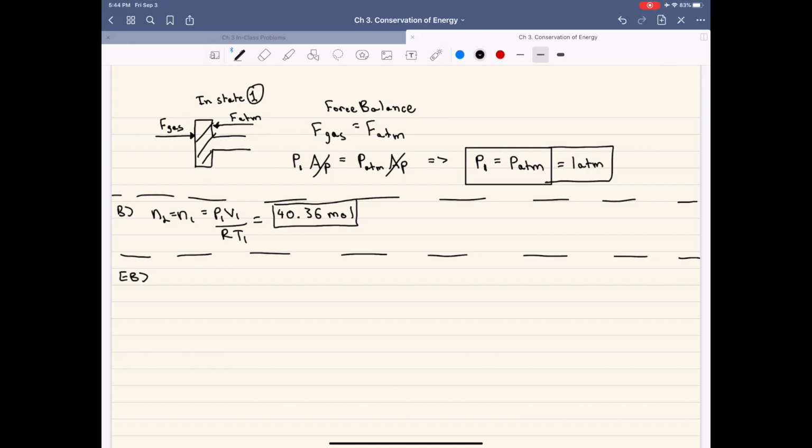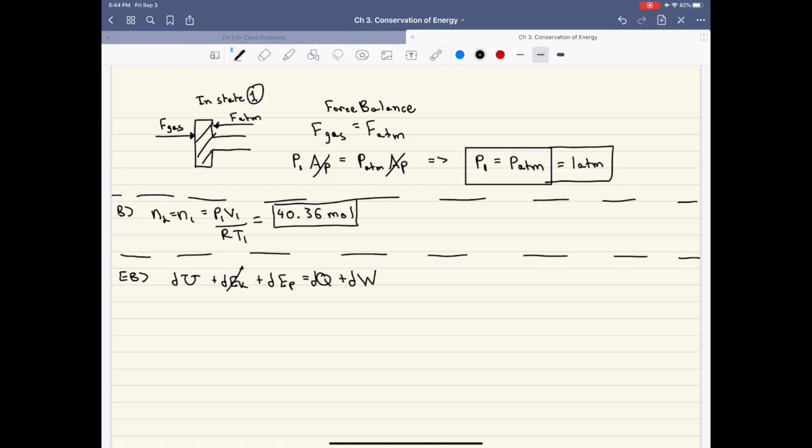Because we only care about initial and final conditions, and we're dealing with a closed system, we're going to want to use the difference form of the closed system energy balance. Okay? All right, and so the closed form of the energy balance is dU plus d kinetic energy plus d potential energy is equal to dQ plus dW.